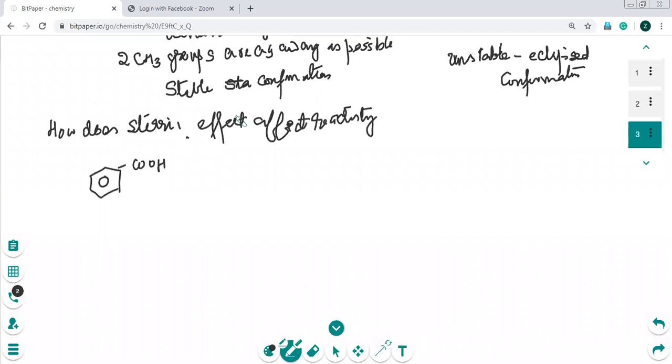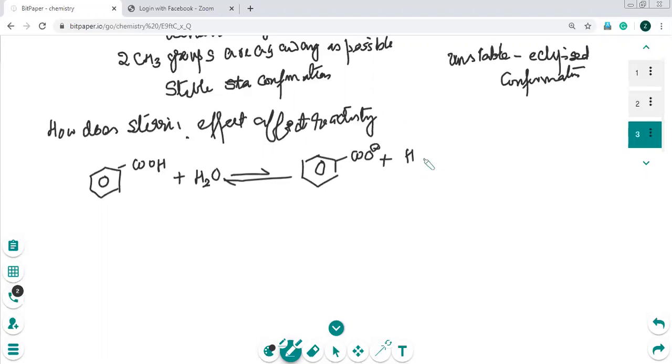This compound is C6H5COOH. If you react this with water, you will have an equilibrium. The equilibrium is C6H5COO minus plus H plus, or H3O plus.